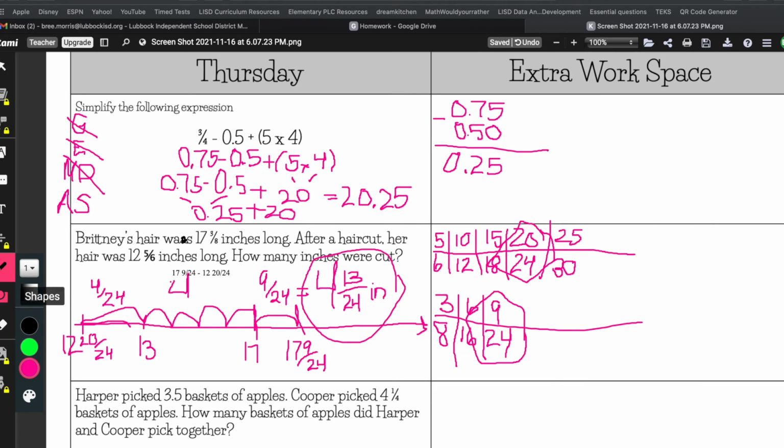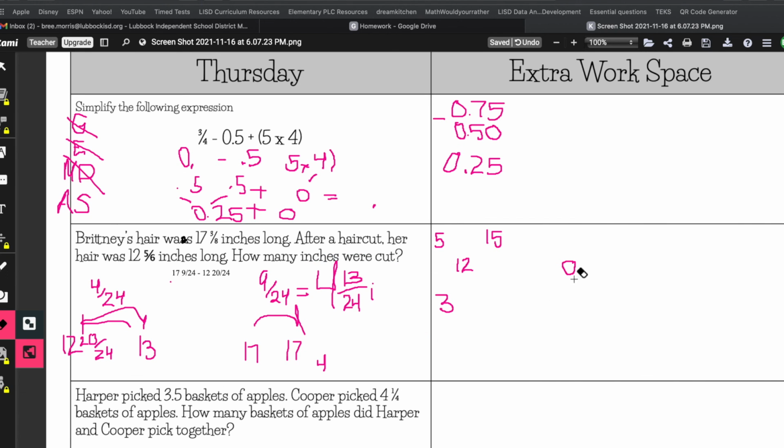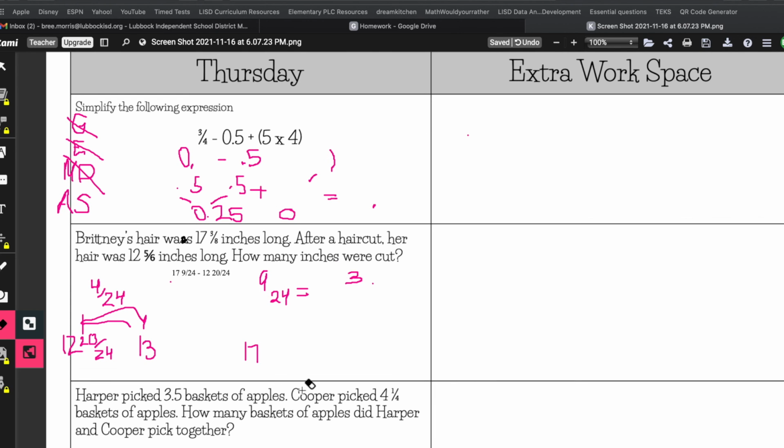Okay, last one. Goodness, I should have erased that top one before I moved to the middle one.